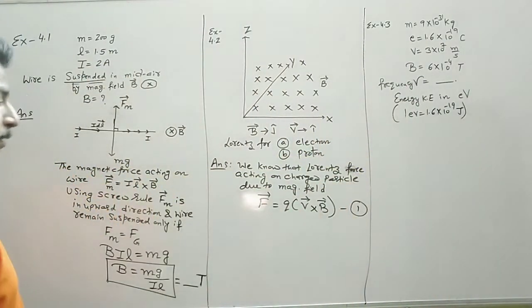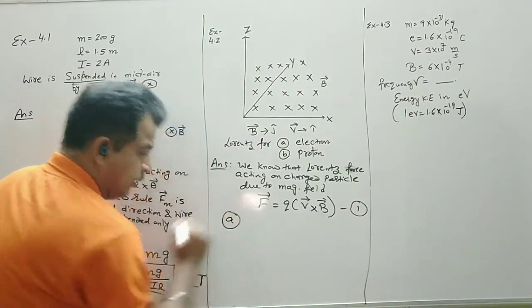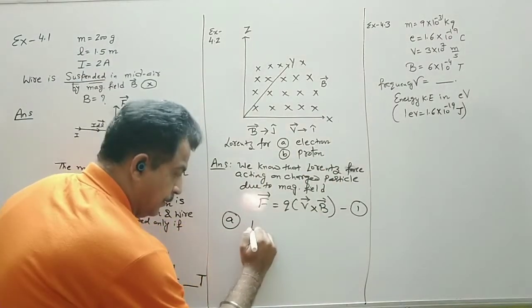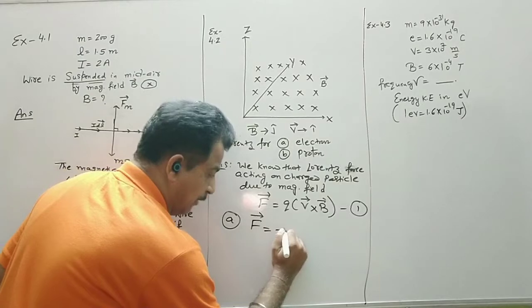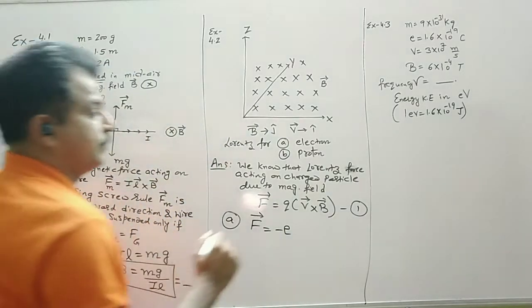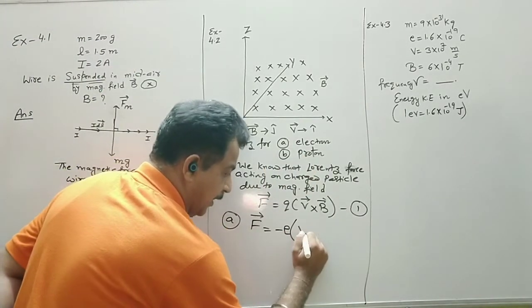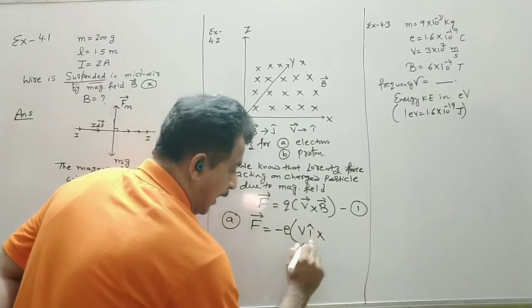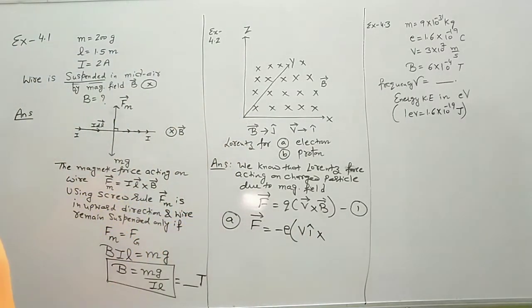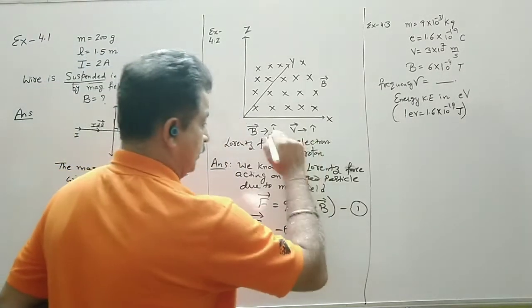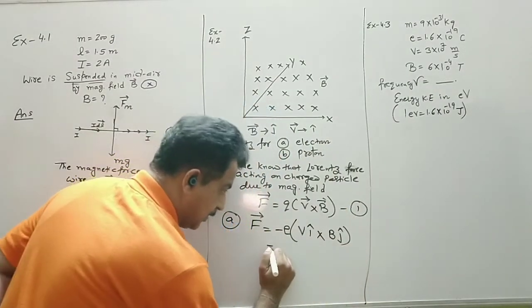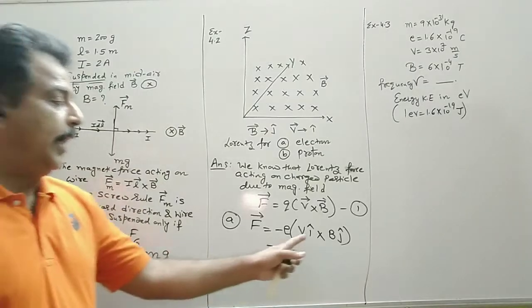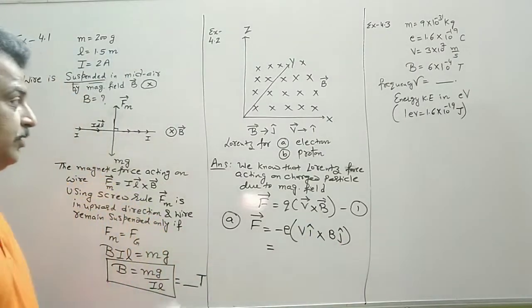So we substitute the values, that is F can be written as, now it is an electron, so I will write minus e. V vector can be written as v i, that is a magnitude, into its direction, cross B j. So this is equal to i cross j.